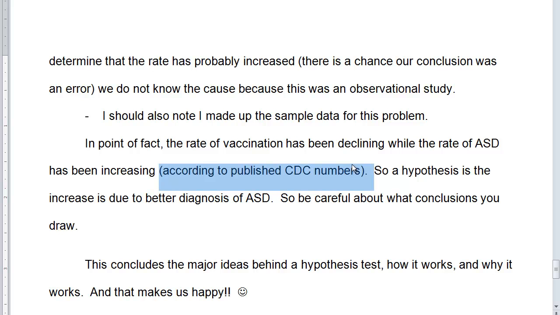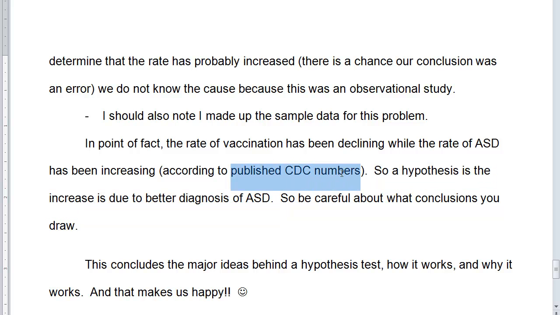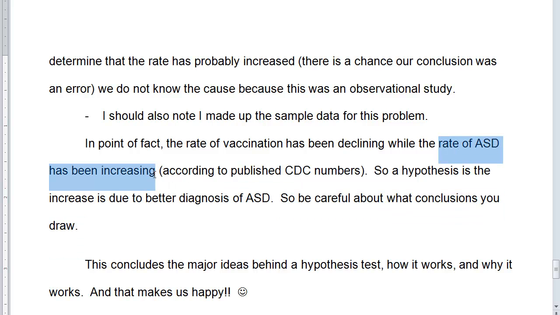So a hypothesis is the increase is due to better diagnosis of ASD, and the CDC actually talks about that. So be careful about what conclusions you draw. Yes, the rate of ASD has been increasing, but unfortunately the rate of vaccination has been declining, and so that's not a cause. And we can't conclude that because this was an observational study.